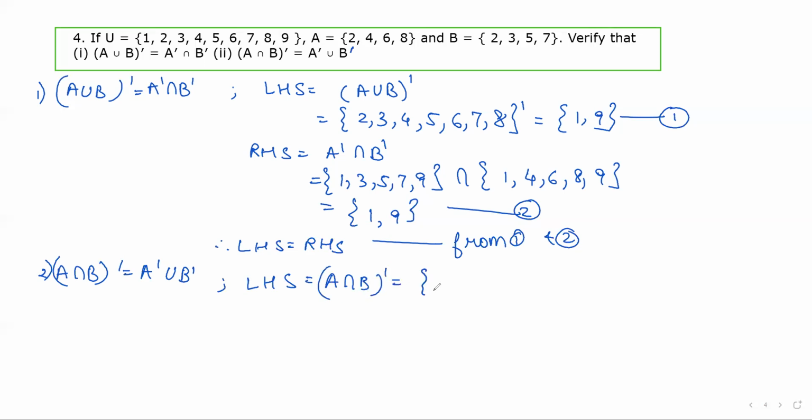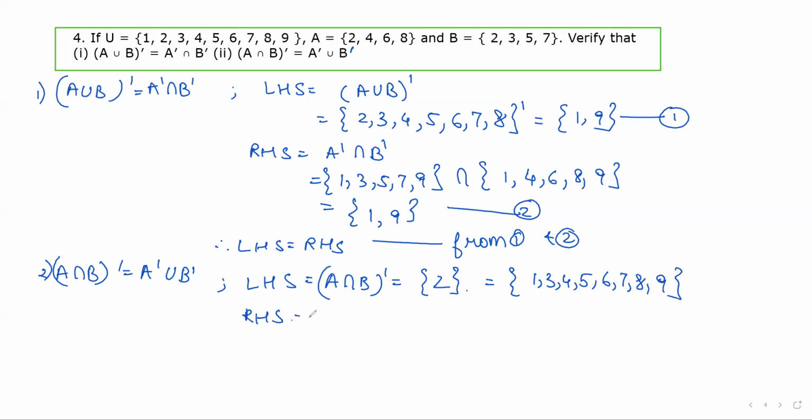A intersection B. What is common between A and B? 2, 3, 4, 5, 6, 7, 8. Nothing else is common. So, taking its complement, we'll be left with 1, 3, 4, 5, 6, 7, 8, 9.